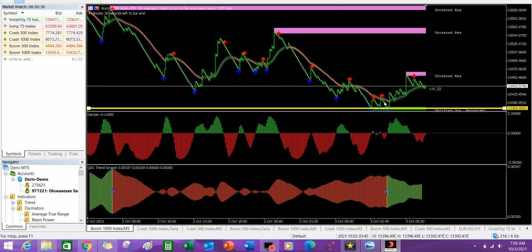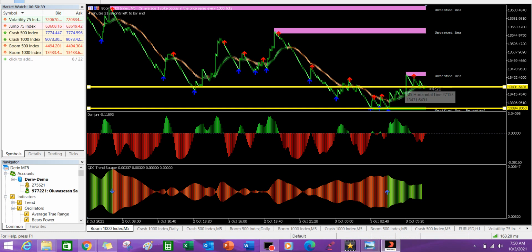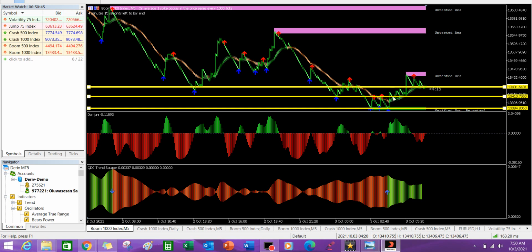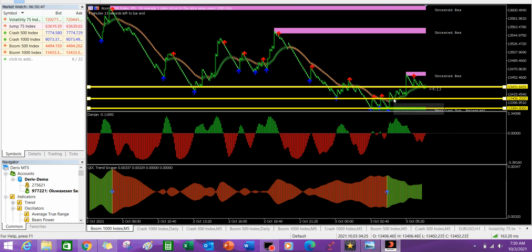Even though it's pulled back several times, once this has gone up for a while, just the way it had gone up here, you can introduce the stop loss in between them. Divide it into two and introduce the stop loss.